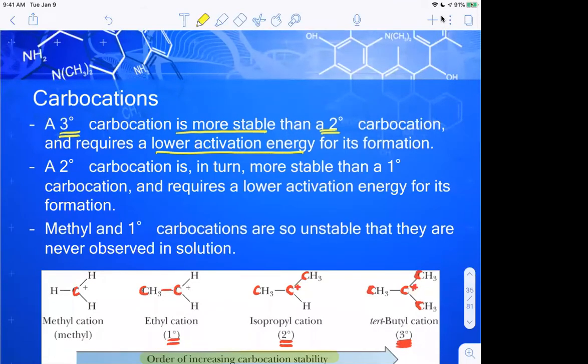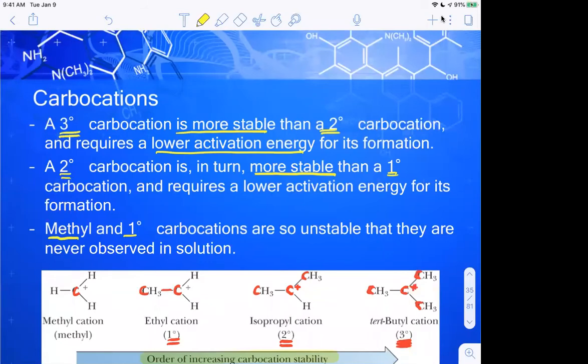It's easier to form a tertiary carbocation than it is to form a secondary carbocation. And in turn, secondary carbocations are more stable than primary, and it will require a lower activation energy for its formation.